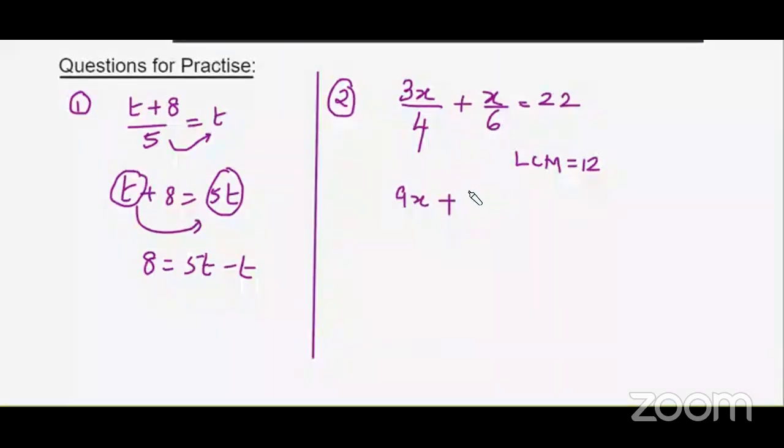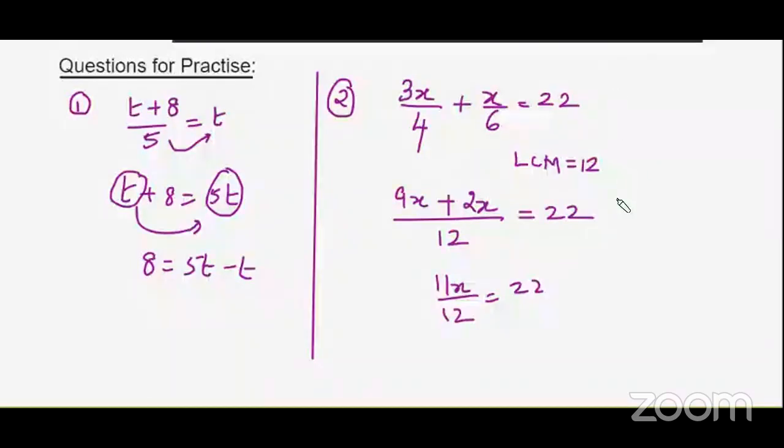So 11x divided by 12 equals to 22. So it's not a question wherein you have variables on either side. It looks like that, but it's not. Correct?